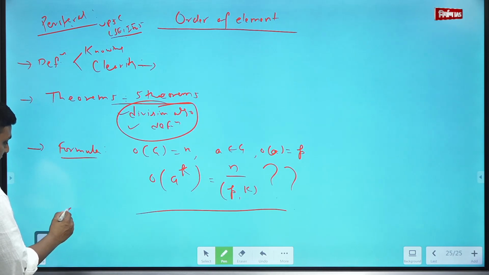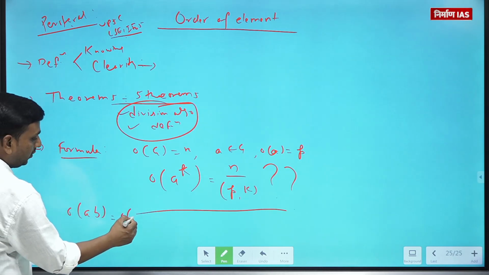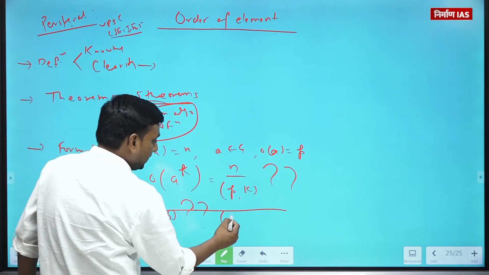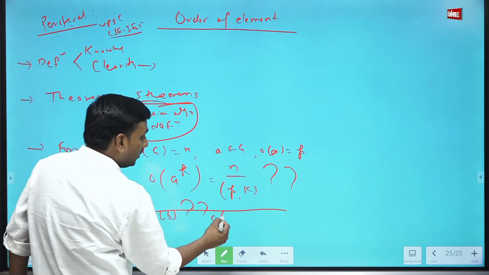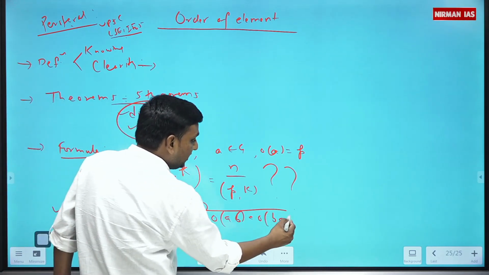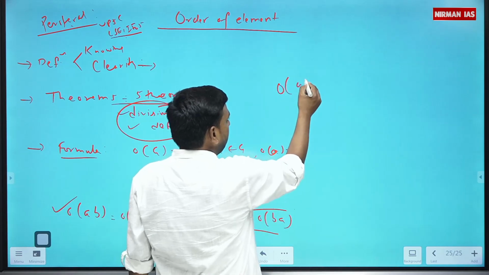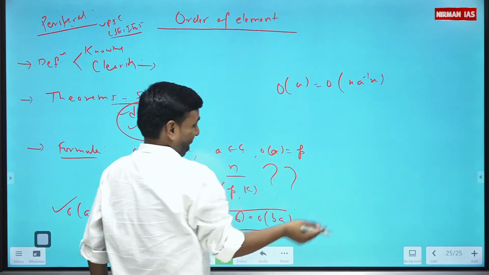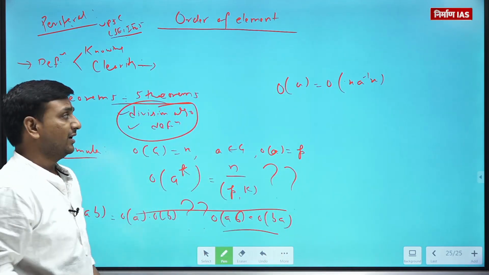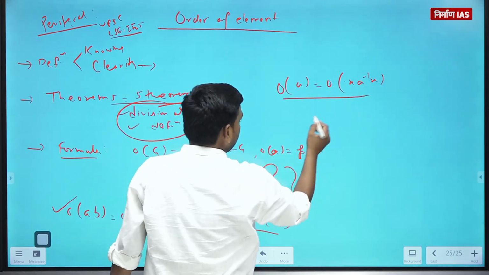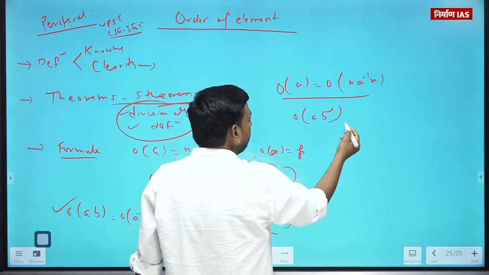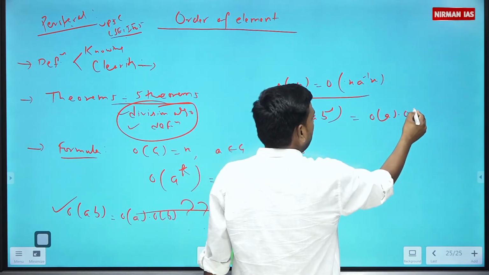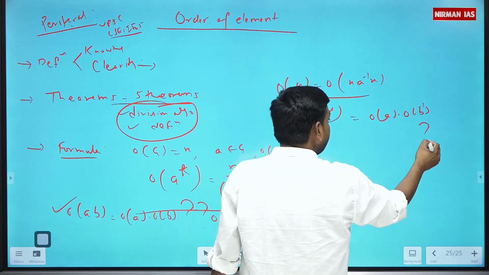Also, there are some questions like whether order of ab is order of a into order of b. Is it correct? We will be discussing. And in which case can order of ab be order of ba? Is this correct? What is the relation between order of a and x a inverse x, or a inverse x a, like that? How can you conclude something? What about order of ab inverse? Can I say order of a into order of b inverse, or something else?